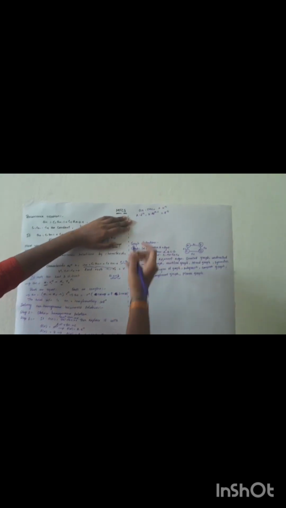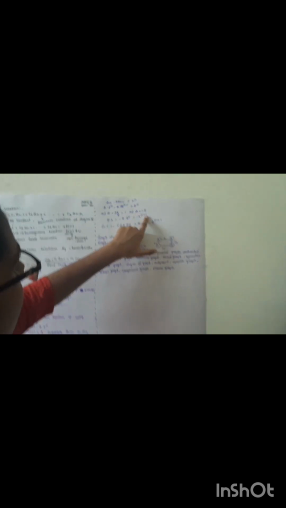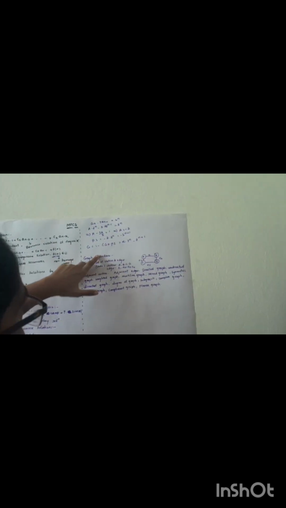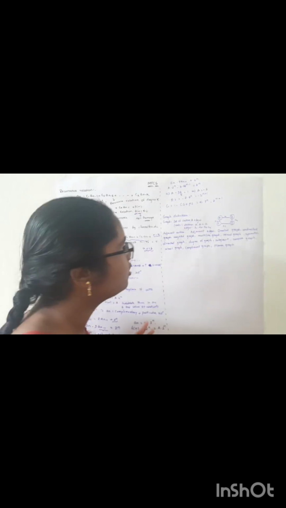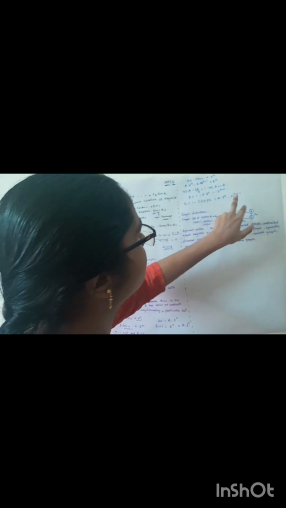This we can get a value. Then take 2 power n as common and it gets cancelled, and we obtain the equation like this. Solving this, we get a equal to minus 1, then the particular solution is like this. And as we have discussed before, the solution of a non-homogeneous recurrence relation consists of the complementary solution and the particular solution. So this is the required solution for this recurrence relation.